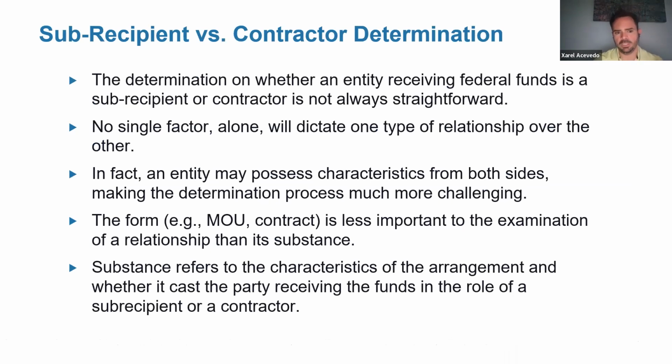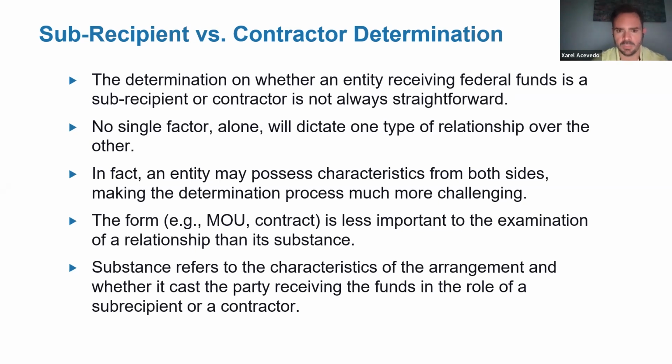All right, so now we go to that first bullet in the pre-award phase that we wanted to go into a little bit more detail. And that is the determination of a subrecipient versus contractor. We like to say that this determination is not always straightforward.